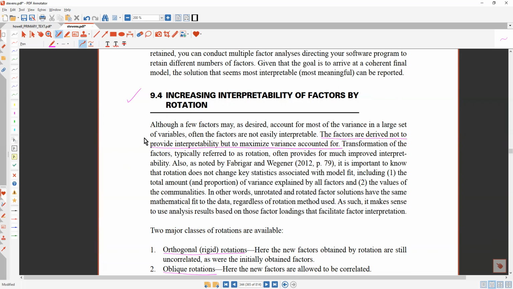Now, this relates to, in Stevens here, the idea of subjecting things to a transformation matrix that we've talked about in our previous notes and just above. So remember we said that factor solutions are not unique. Well, in part, what this means is that they can be subjected to a rotation.